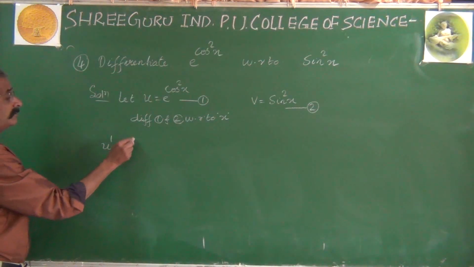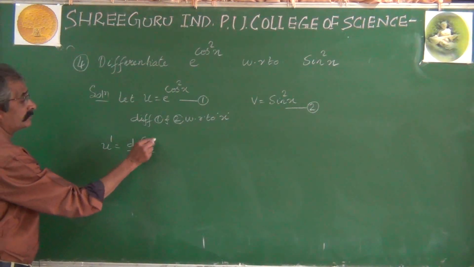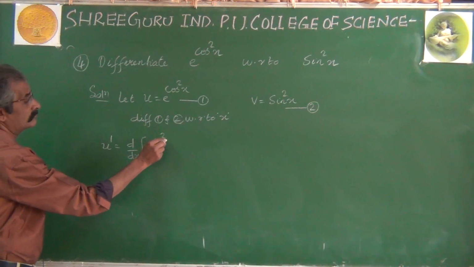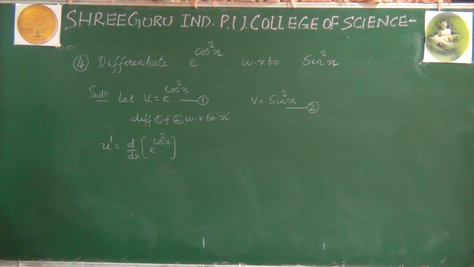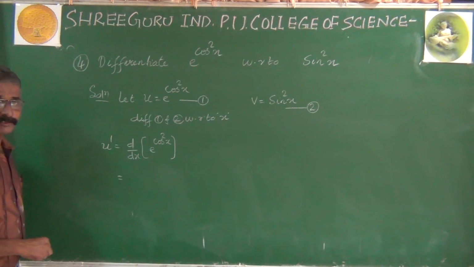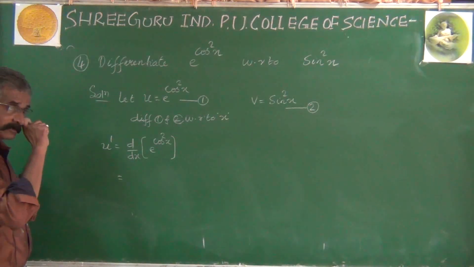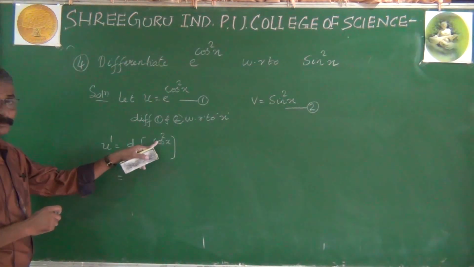Right hand side, d by dx of e to the power cos square x. Now recall earlier classes, the composite function formula of differentiation. It is just like the differentiation of e power function.